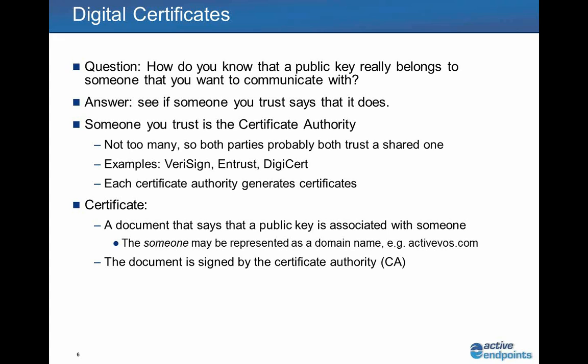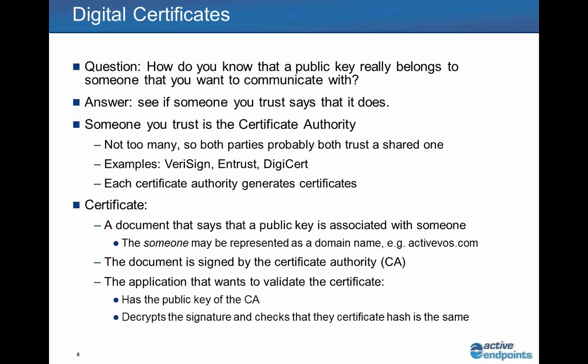Well, now we go back to signatures. The document is signed by the certificate authority. So now we're getting to the root of this recursion: to validate the certificate, you have the public key of the certificate authority, and you use that to validate that the signature on your certificate is right, and then you use that to get the public key of the guy you want to talk to.